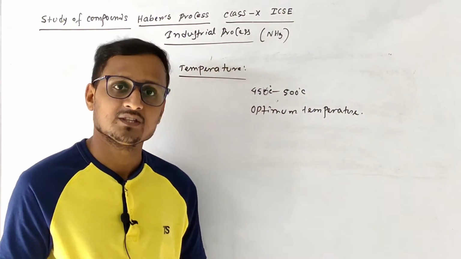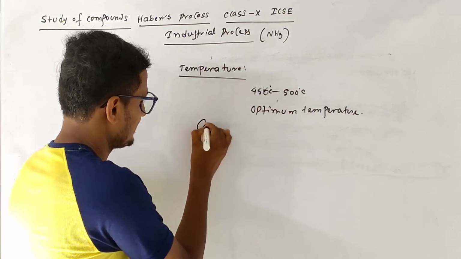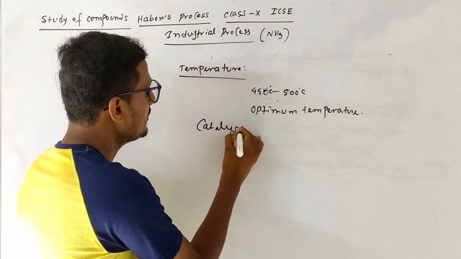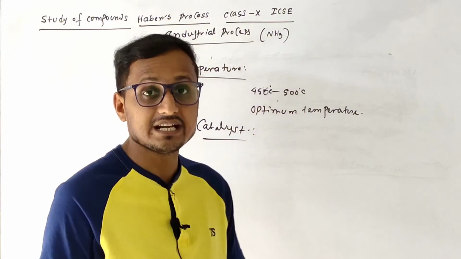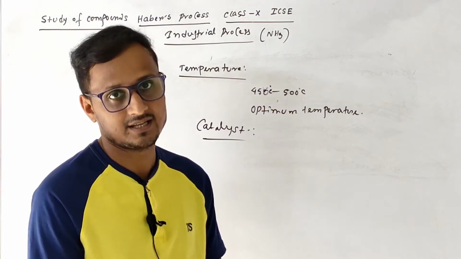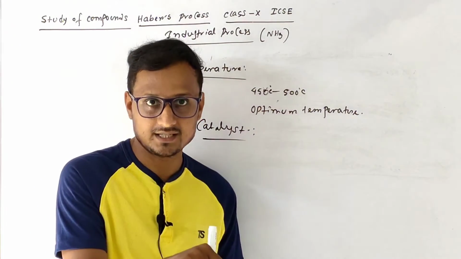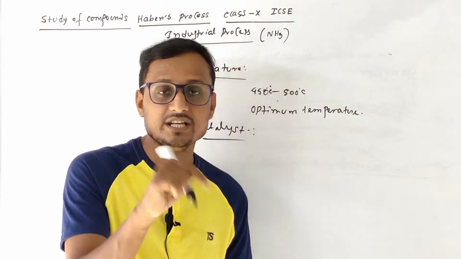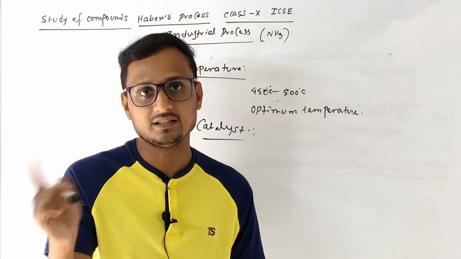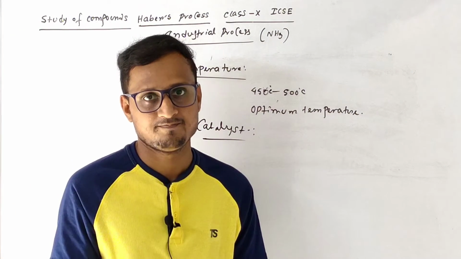Now next is the catalyst. We all know that to speed up a reaction, to increase the rate of a reaction, we need a catalyst. The catalyst takes part in the reaction and increases its rate, and after that the catalyst remains unchanged.